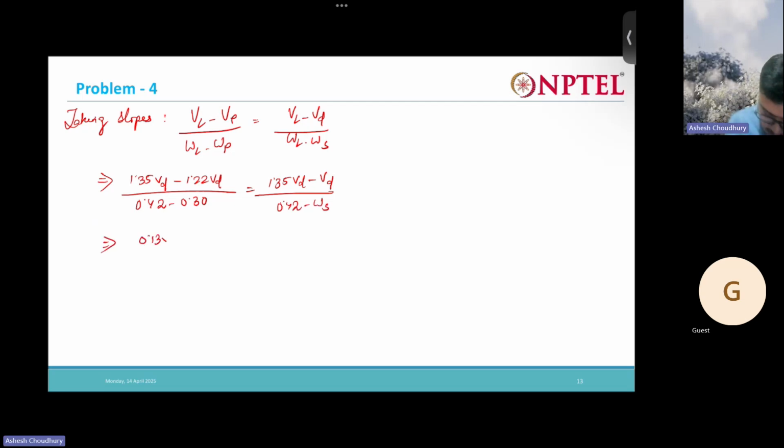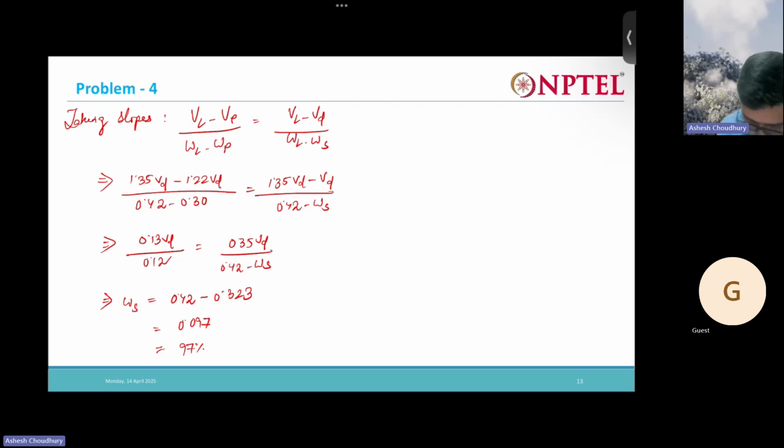Which implies I can get the shrinkage limit. Now the shrinkage ratio.